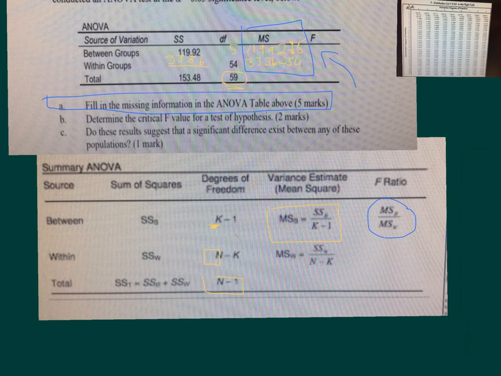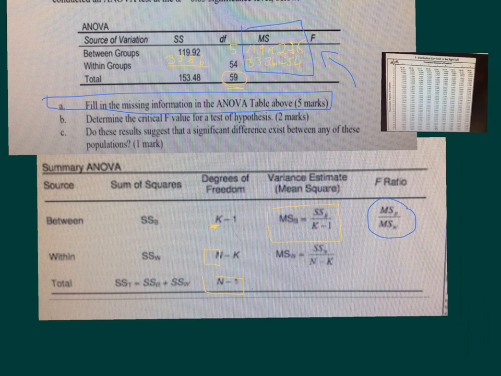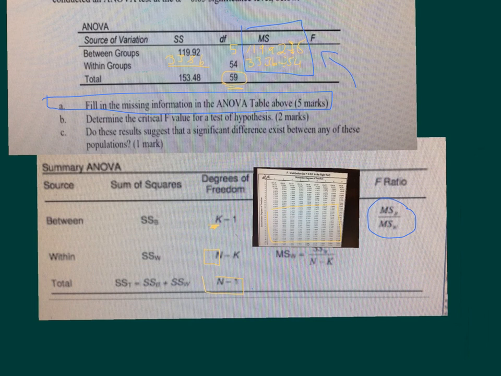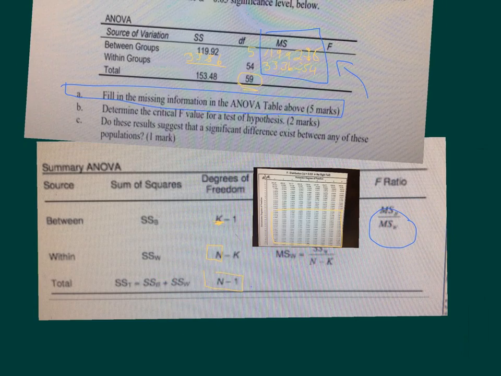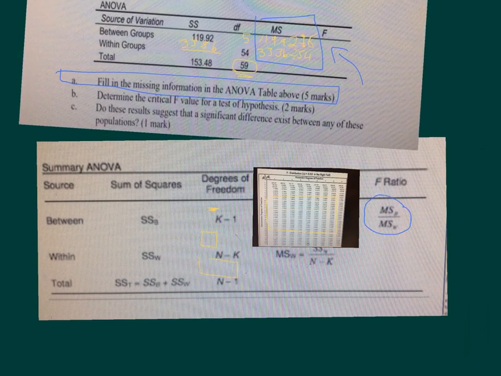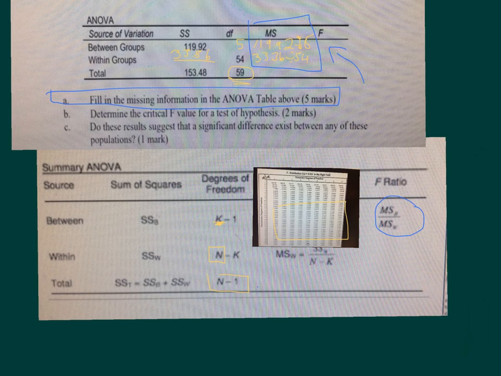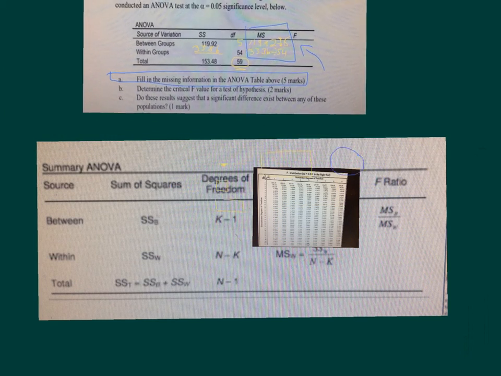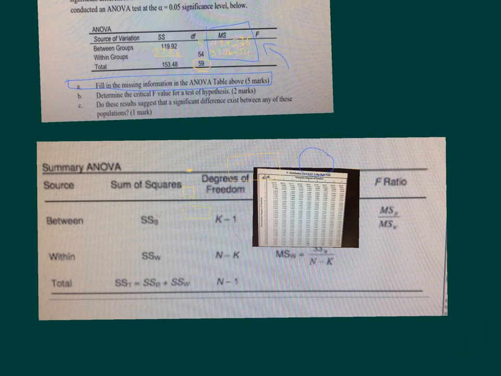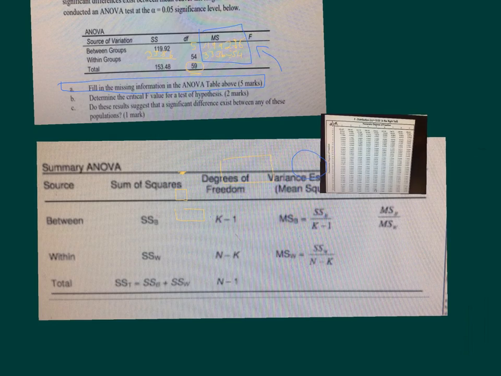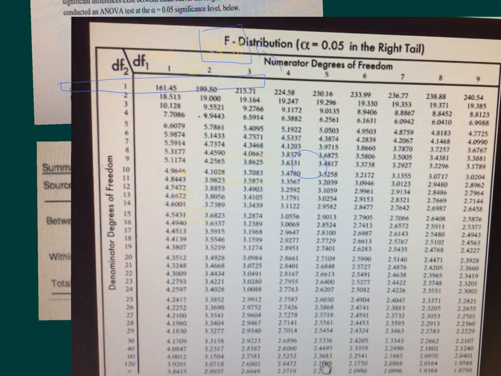So the second part of the question now is asking us to look at the F crit for this particular set of data. Sorry, I have too many things on the go here. There it is. There we go.